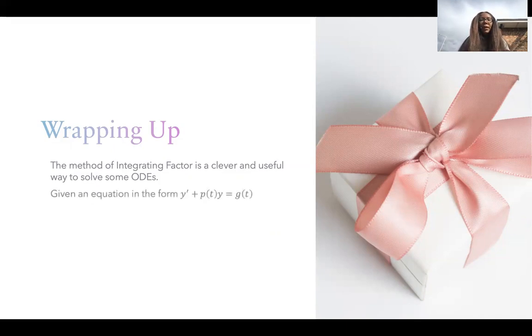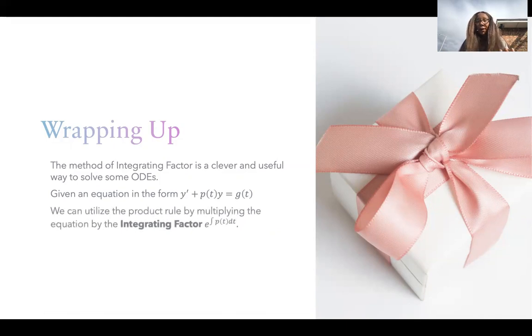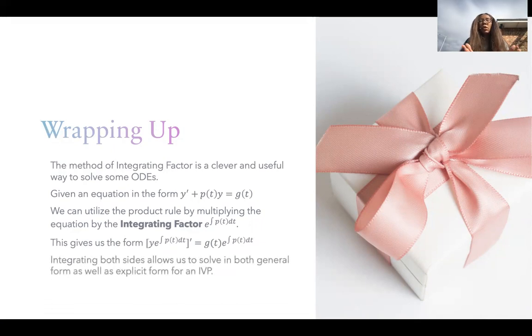It's basically that if we're given an equation in the form y prime plus p of t y equals g of t, we can utilize that product rule by multiplying the entire equation by the integrating factor, which we define as e to the integral of p of t dt. And from there, we're able to integrate both sides and solve. And we can solve this in both general form or to find an explicit solution for an initial value problem.